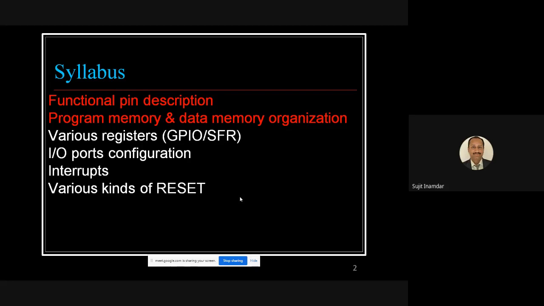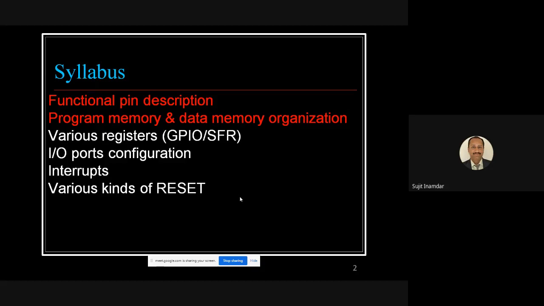After that, the various registers, that is GPIO, general purpose input output register, and SFR. SFR stands for special function register. Which SFRs are available here, and what are their functions, we are supposed to check under GPIO and SFR.